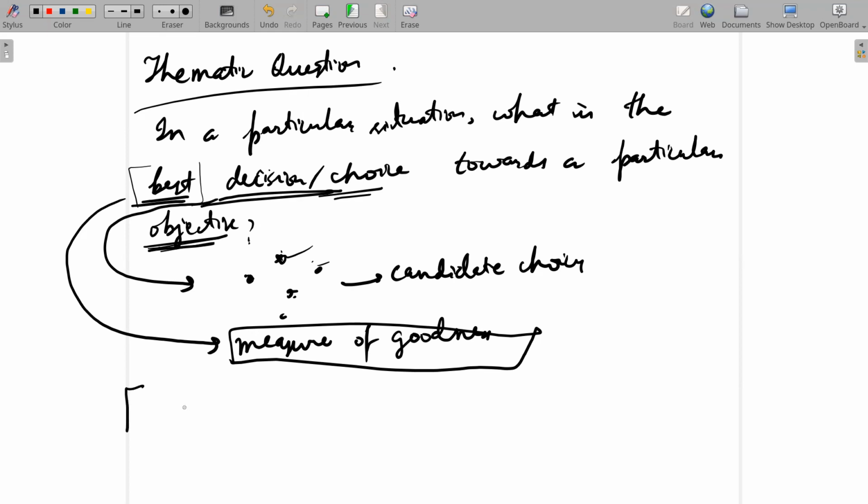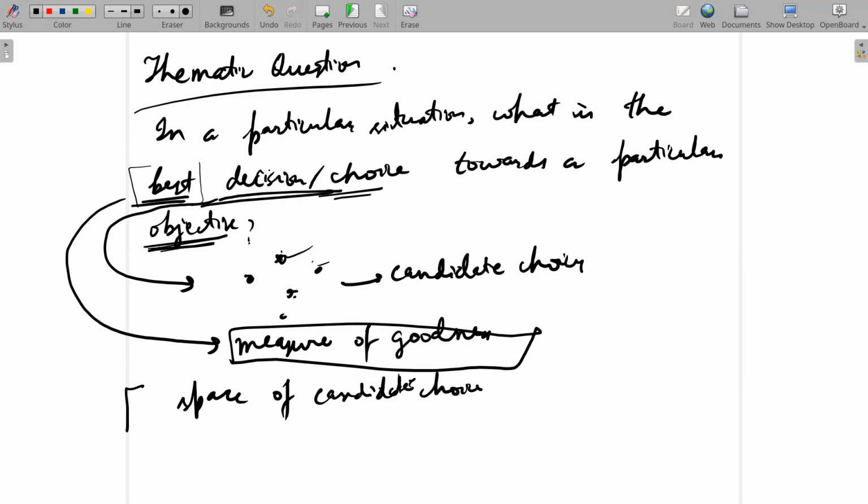So based on this question and this mathematization of these words, the way we'll phrase this is we have a space of candidate choices. If there are finitely many choices, then you just have some discrete points. But it could be something more complicated. Once we get to examples, we'll identify what the space of candidate choices and the measure of goodness look like.